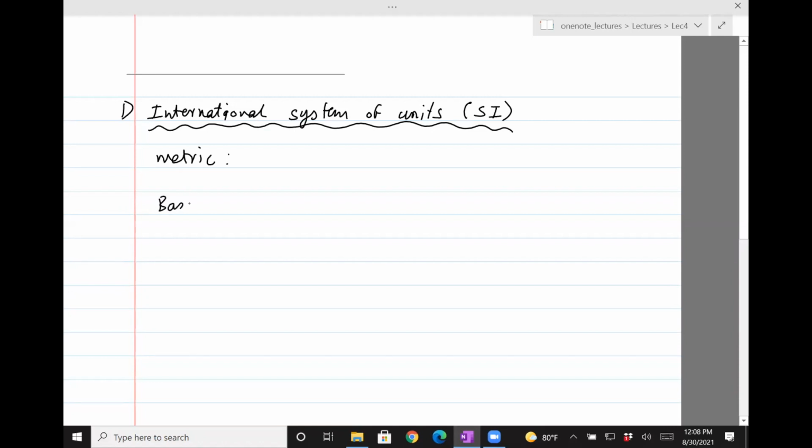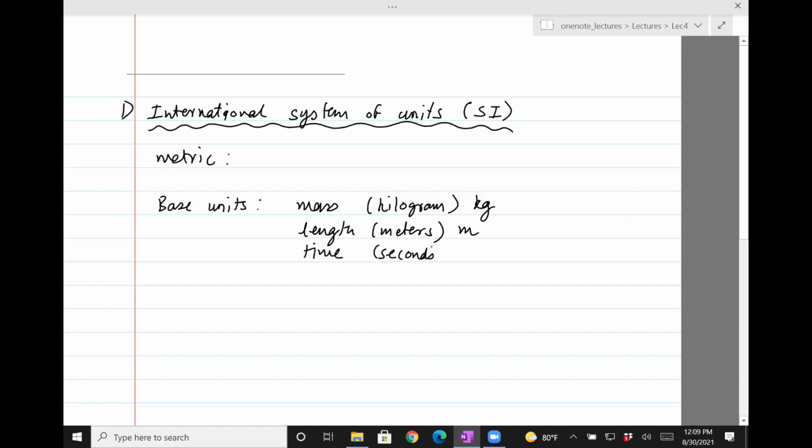Here our base units are: mass is represented using kgs, length using meters, which is denoted as m, and time is in seconds, which is s.